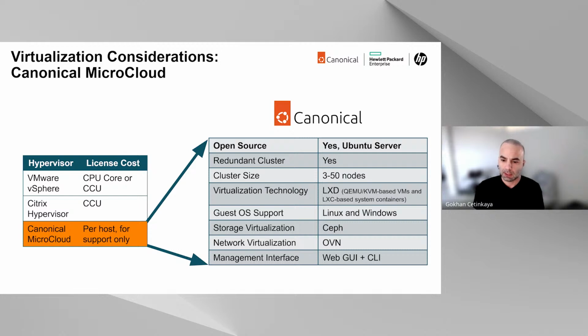It uses Ceph as its storage backend, which is a highly scalable software-defined storage solution, and it has native fault tolerance features like data replication and erasure coding. So the virtual machine disk images and data are stored and replicated automatically inside the cluster. And it also uses OVN for software-defined networking.